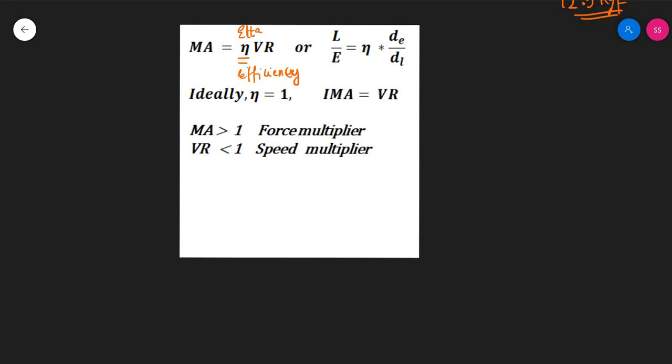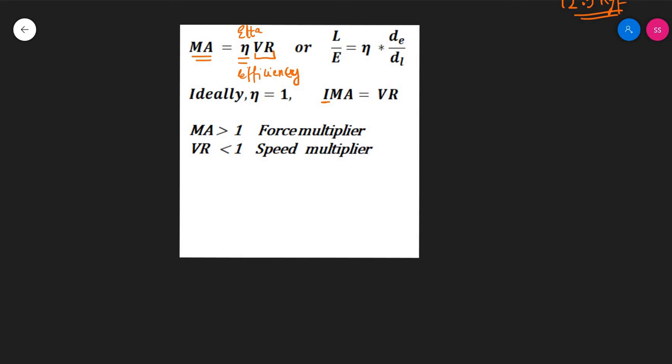Your velocity ratio is usually fixed, and what changes is your mechanical advantage based on your efficiency. A special case is efficiency equal to 1, which we call the ideal case, and hence we say it's an ideal mechanical advantage, and ideal mechanical advantage is equal to the velocity ratio. And your load by effort is efficiency times dE by dL.